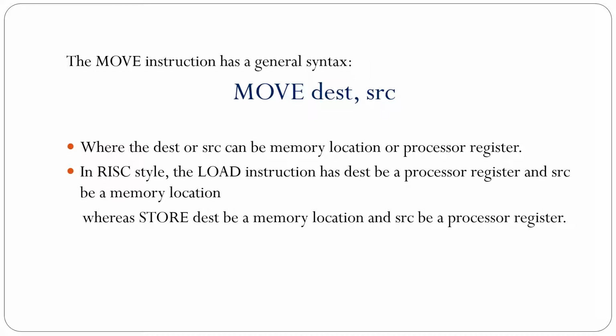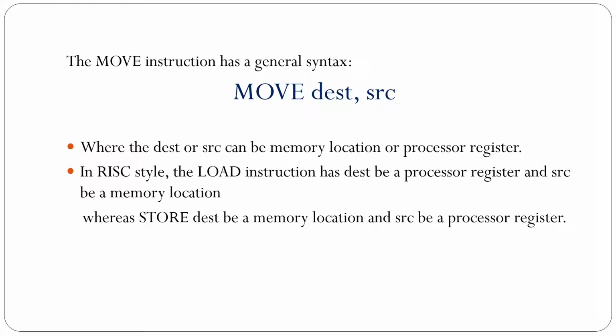Also, store and load can only be used to transfer the contents between processor and memory, but the CISC's instruction move can also be used to transfer the contents between memory locations and registers.